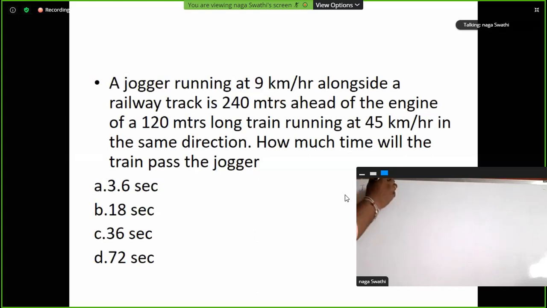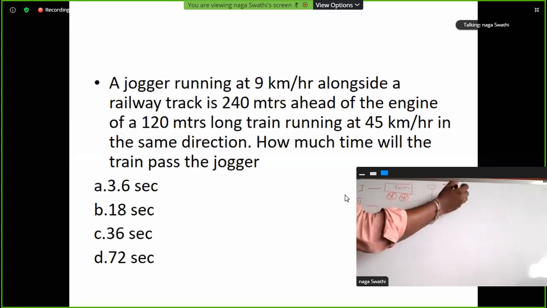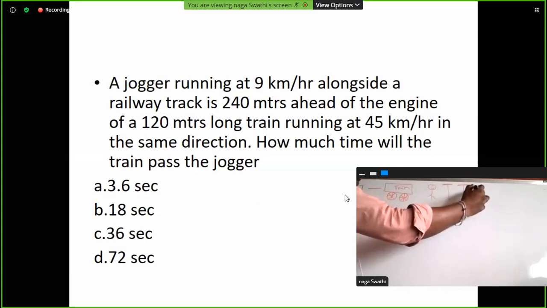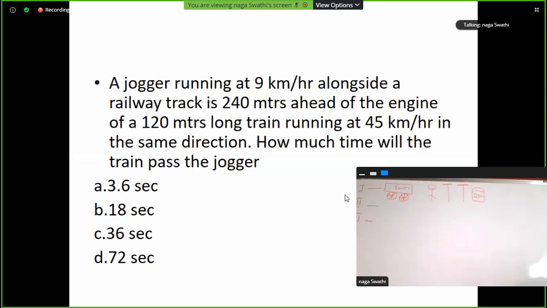In first case, a train is crossing a person, or an electric pole, or a telephone pole, or kilometer milestones.